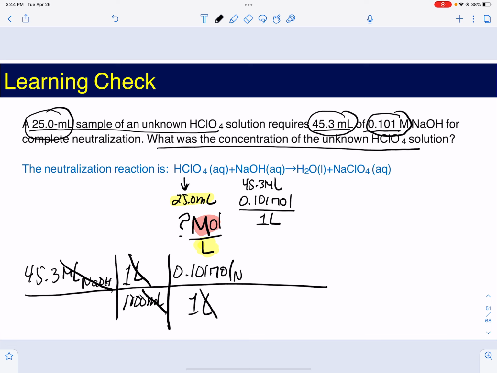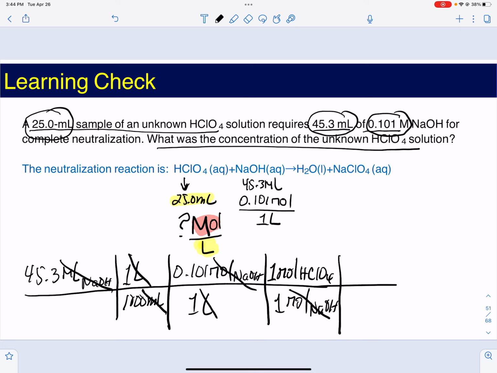And now I have the moles of NaOH. According to the balanced equation, for every 1 mole of sodium hydroxide, I need 1 mole of perchloric acid. So that gives me the moles of perchloric acid.